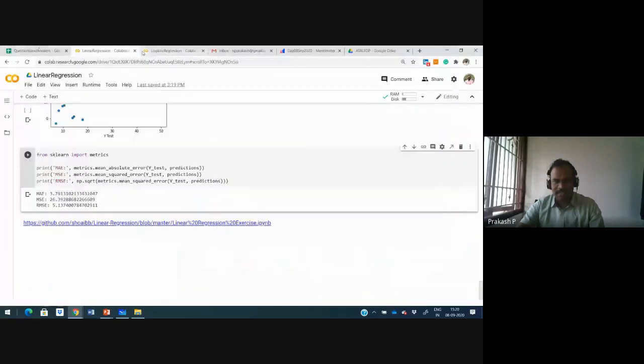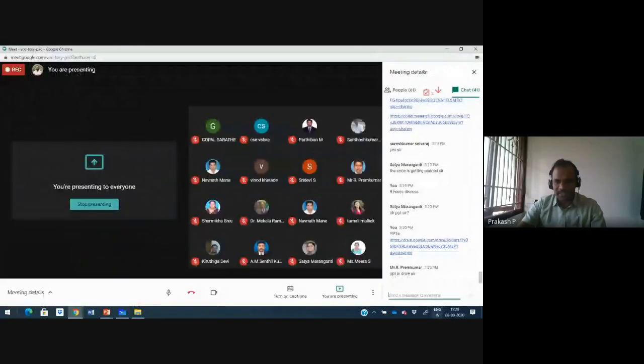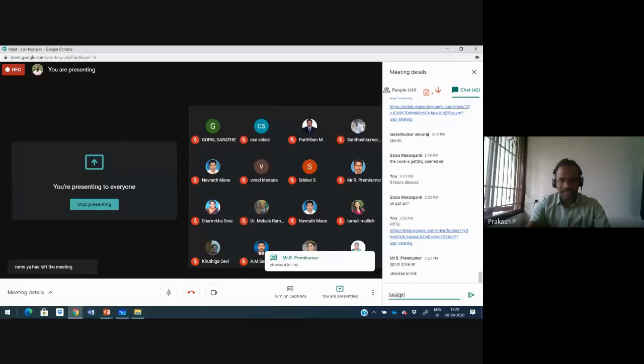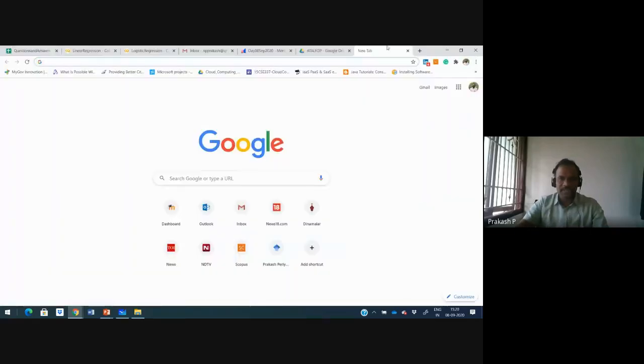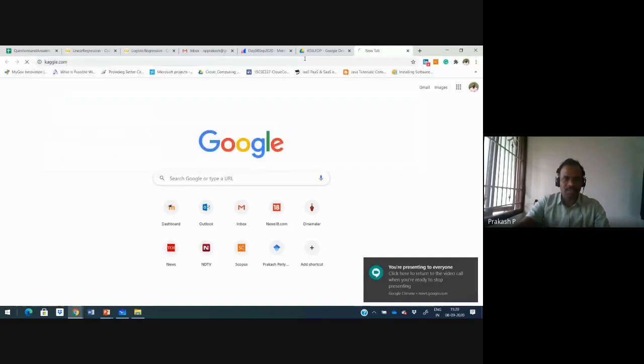My kind request is, as I told, there are two things. One is Kaggle and the other is Analytics Vidhya. Both will play a major role as a home for data science.